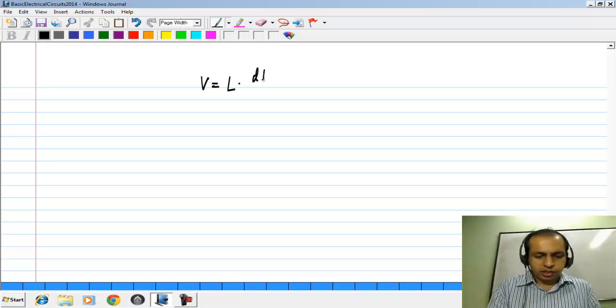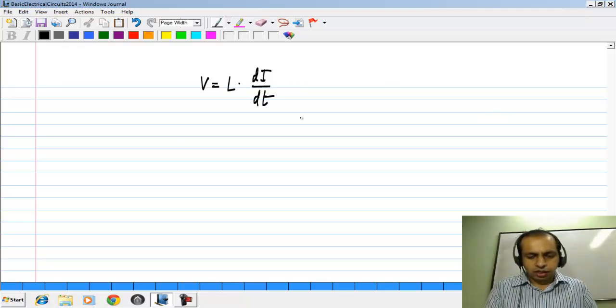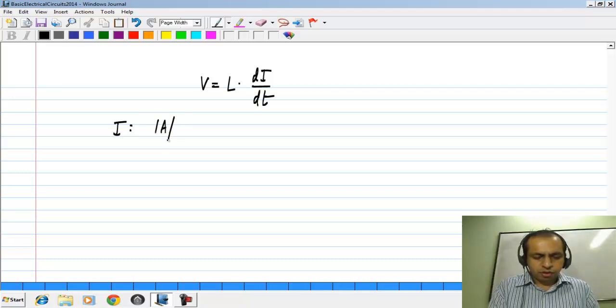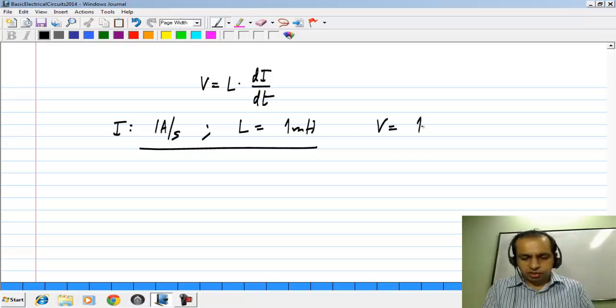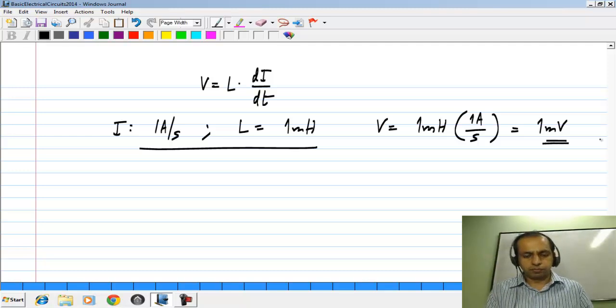V is L times di by dt, and if I is changing at, let's say, 1 ampere per second, and if the inductance is 1 millihenry, clearly voltage induced across it is 1 millihenry times 1 ampere per second, which is 1 millivolt. Okay. So the voltage across the inductor is 1 millivolt.